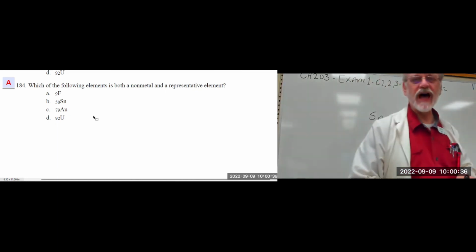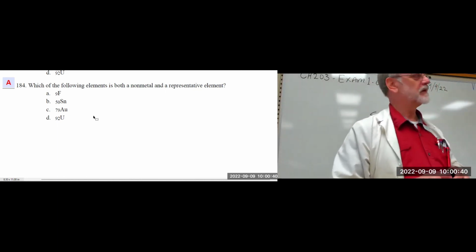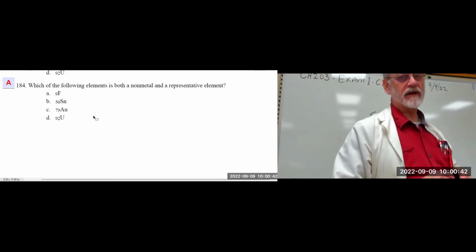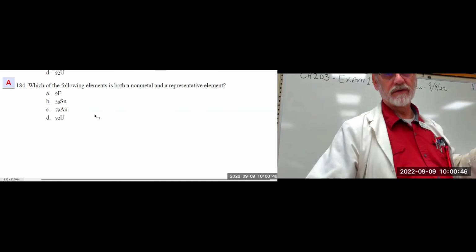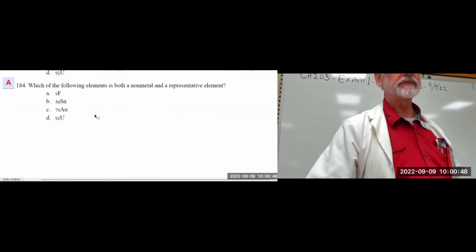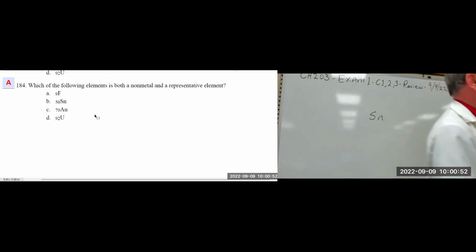Which of the following is both a non-metal and a representative? Well, we covered that one already. Fluorine is a non-metal and a representative. It's in the s orbital filling region or the p orbital filling region.